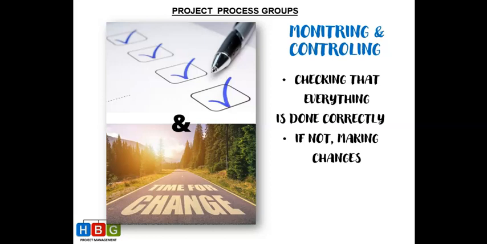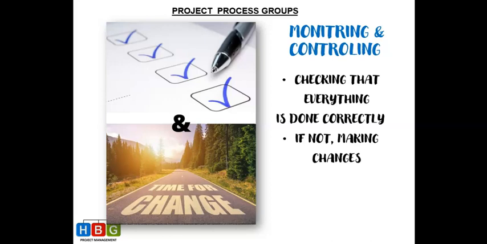And for that, we have a formal change management process where we take what is done wrong and we replan that and make sure that it is done correctly the second time. So that's our change management system, and it forms part of monitoring and controlling in the project. Now, monitoring and controlling is done from the beginning of the project right through to the end. And it's a very important function.